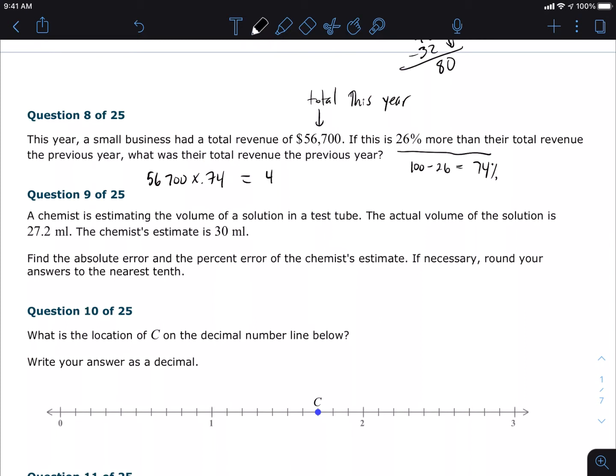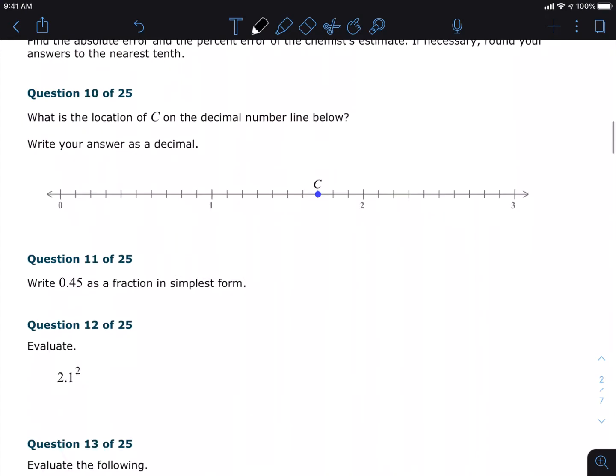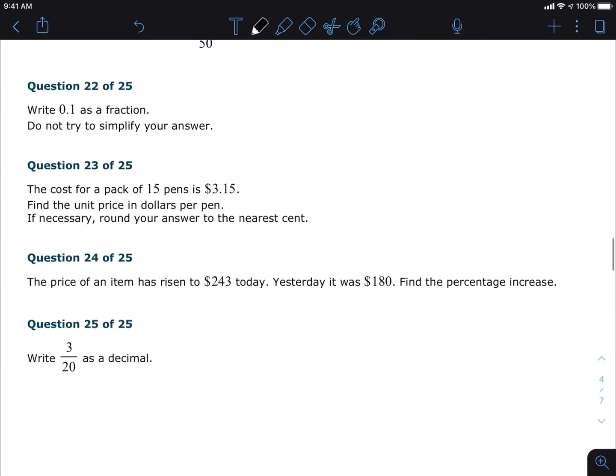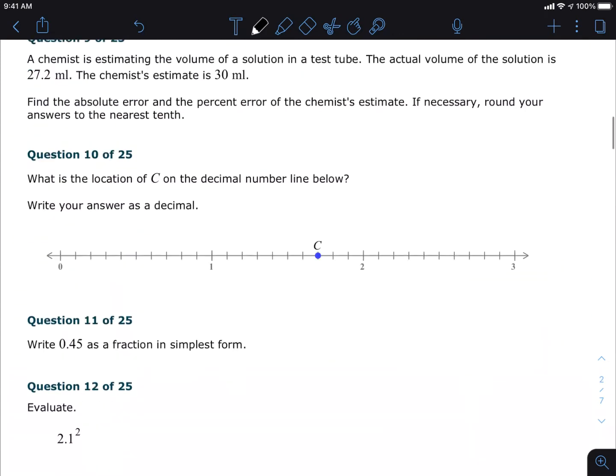And that should be 41,958. And we can check. It's number 8. Here, let's just check, see if I did it right. Oh, 45,000. Let's see, what did I do wrong?